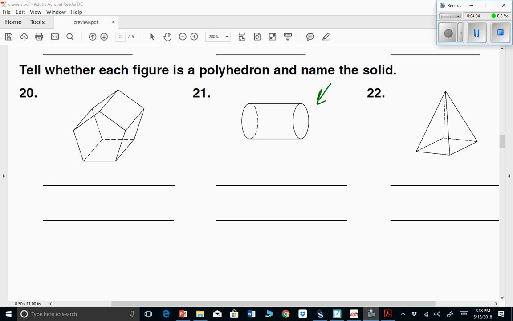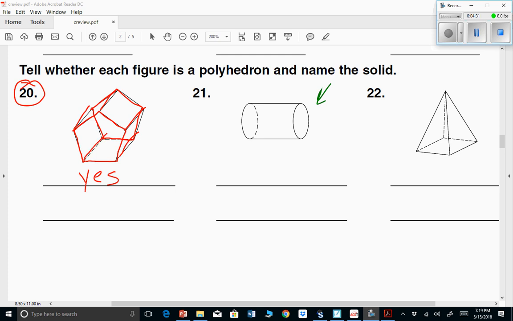So number 20, it has all flat surfaces. So yes, it is a polyhedron. And then when you go to name the figure, this is a prism because we've got a base here and an identical base here, and they are parallel to each other and joined by rectangles.